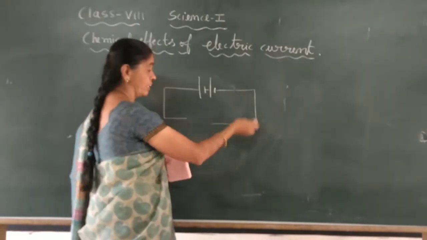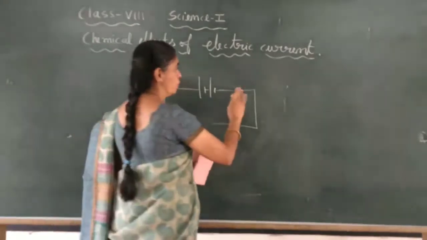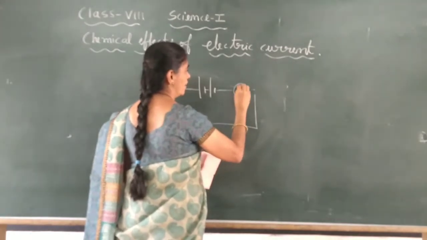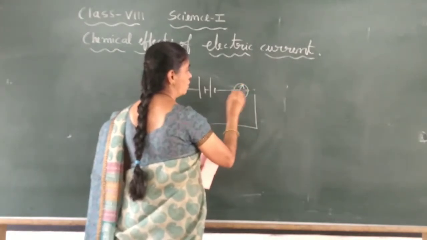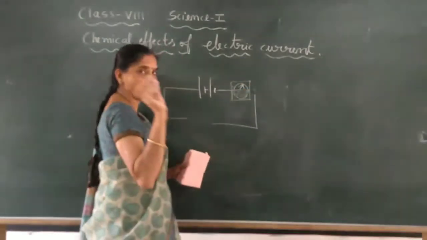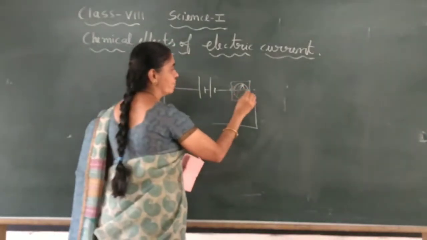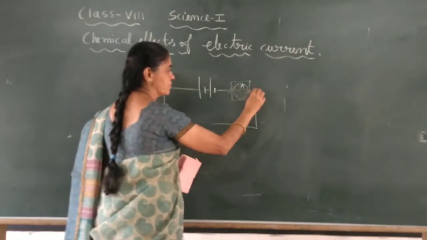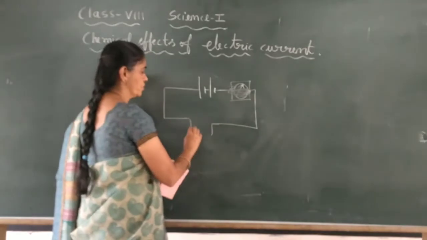Instead of a bulb you may use a compass needle also, okay. But here you have to take something like a matchbox, a small compass, and the wire should be wound several times. Instead of a bulb you can use this.